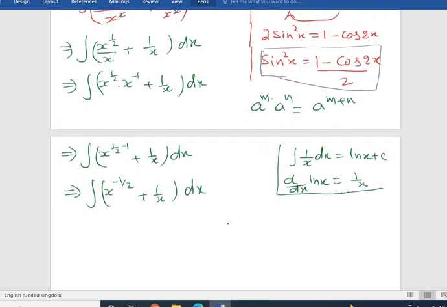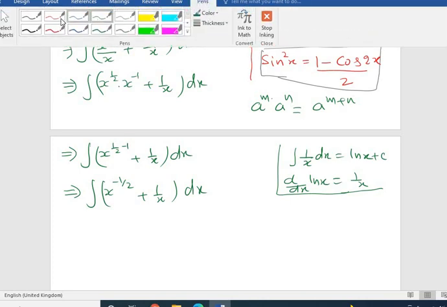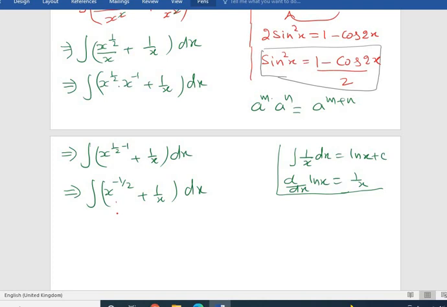Now use the integration part, where n is equal to minus half. Using the standard form, it comes like x to the power n plus 1 divided by n plus 1, plus the integration of 1 by x, which is ln of x plus c.